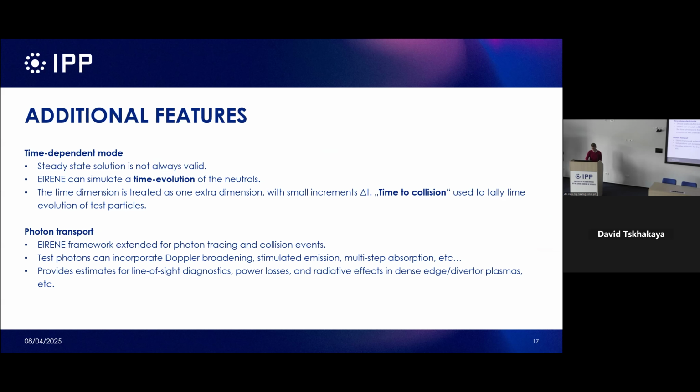So it can simulate test photons that incorporate the different processes like Doppler broadening or stimulated emission and other processes to get estimates for different diagnostics, like line of sight diagnostics, or better investigate the effects of power losses or radiation in dense divertors in detachment in tokamaks.